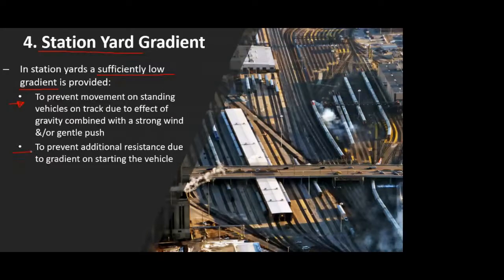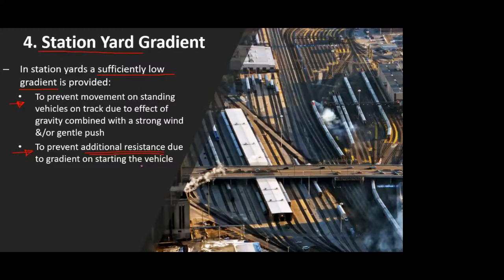And then another important thing is, if your gradient is not less and is a little bit steep, then since this is a parking lot, when a train has to start its journey, it will start from here itself. The engine will start and the train will go to the platform. If the station yard gradient is steeper, there will be additional work to be done by the railway engine, or additional resistance due to the gradient, for starting the vehicle.